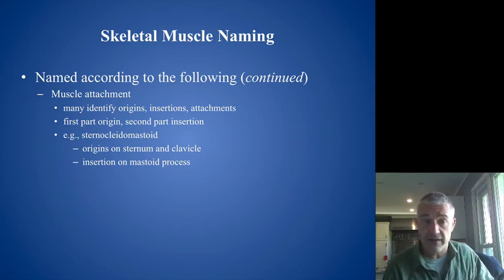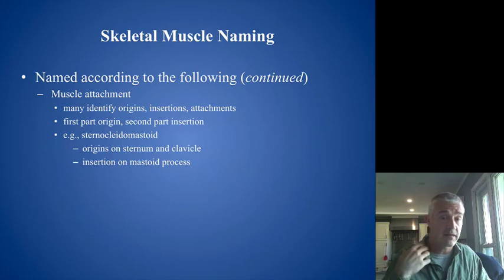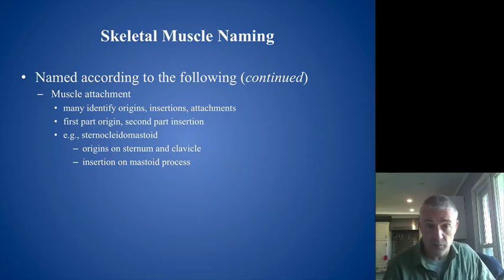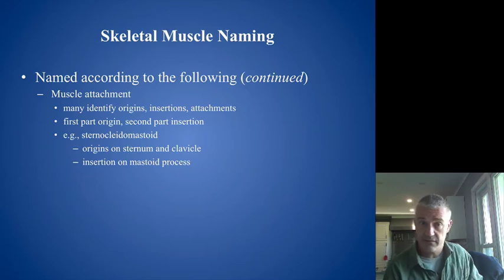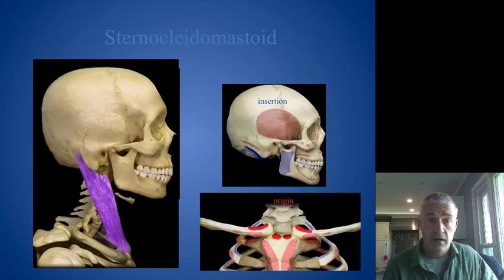So the sternocleidomastoid: the sternum, the mastoid and the clavicle are the parts that help with the origins and insertions on this. So muscle attachments are sometimes used in this. That's showing you the sternocleidomastoid and its different insertions and origins.